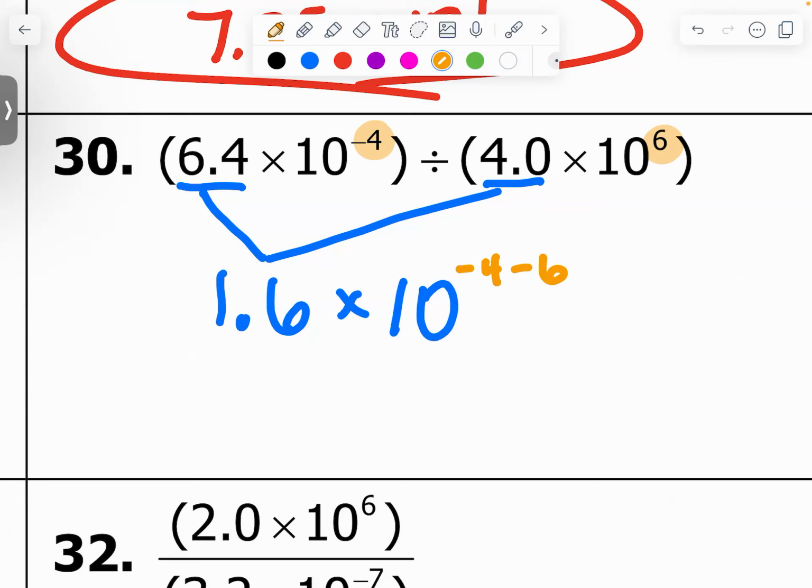Jacob, do this in your calculator. What is negative 4 minus 6? No. Negative 4 minus 6. It is negative 10. Put this in your calculator. Put 4, make a negative.